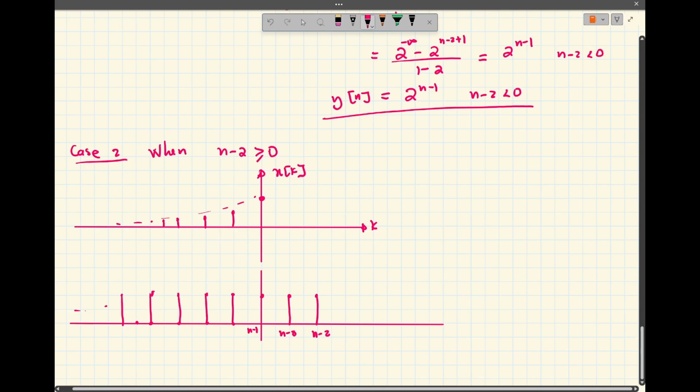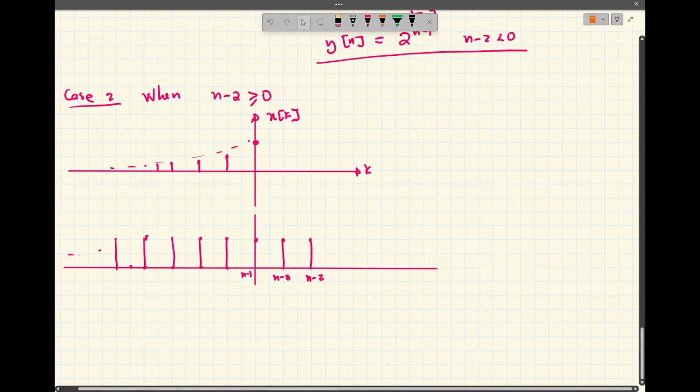So when n minus 2 is bigger than or equal to 0, we compare that to this. Then y of n is equal to the sum over k, where the overlap is from negative infinity to 0. You can see that's where they both overlap.